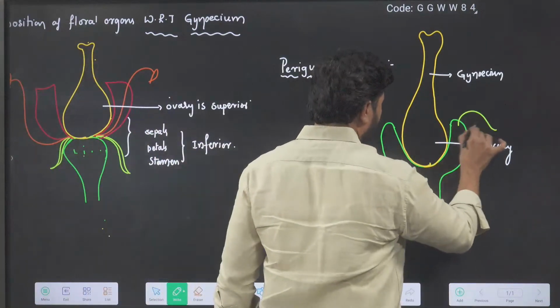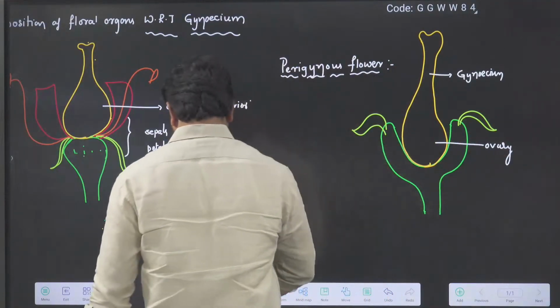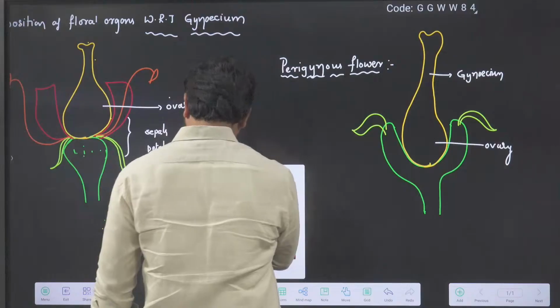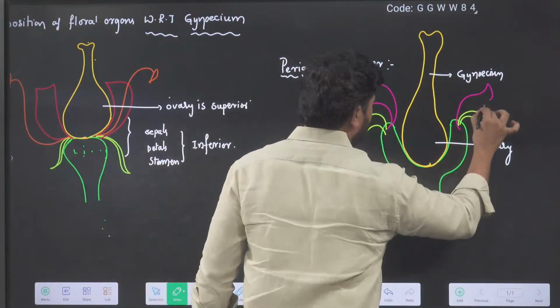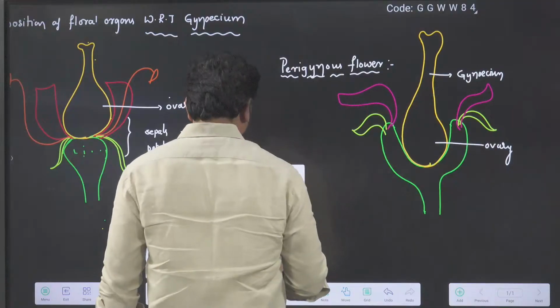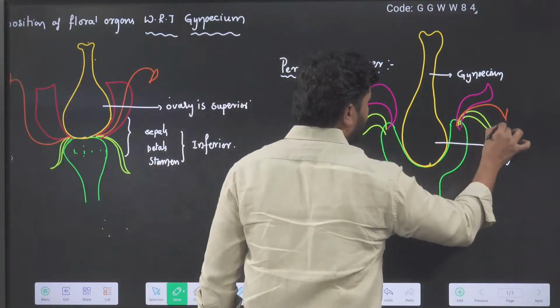Over there, sepals, petals, and there is a development of stamens.